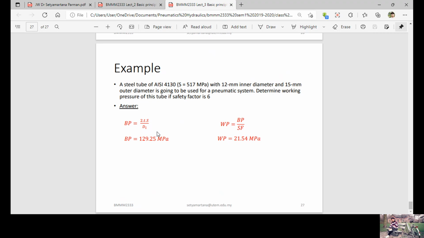So simply just use T in millimeter, S in megapascal, and D in millimeter.